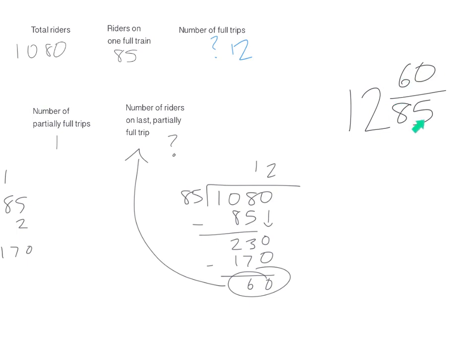It's the number of people out of the 85 that could have fit on the last train. So how many people are on the last partially full trip? 60 people on that last 13th ride.